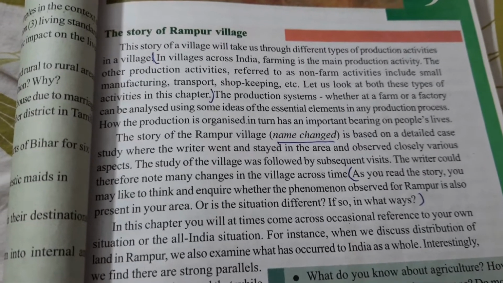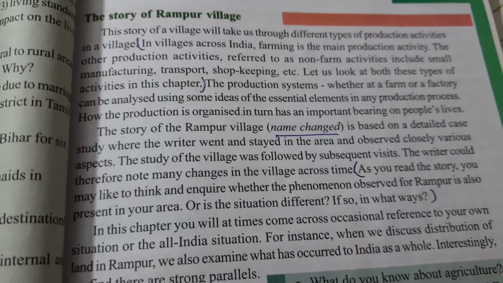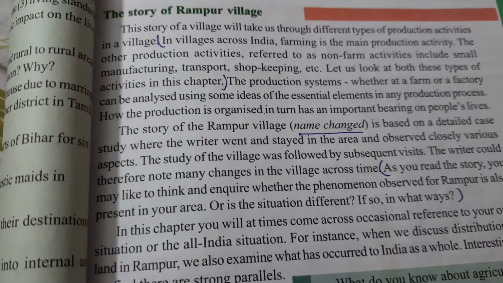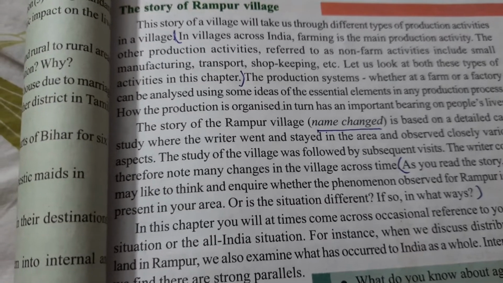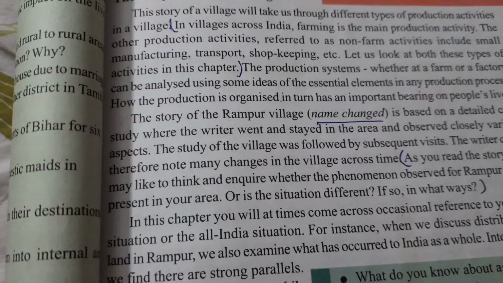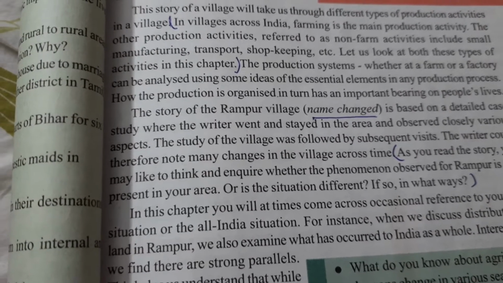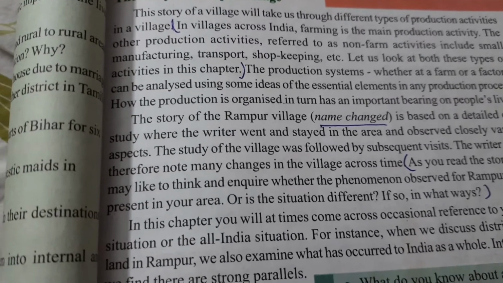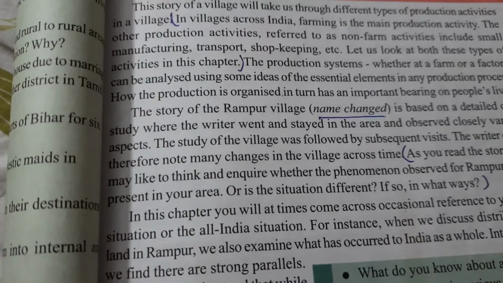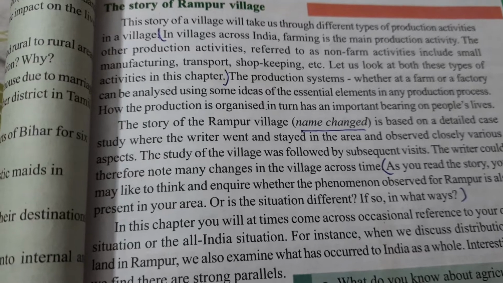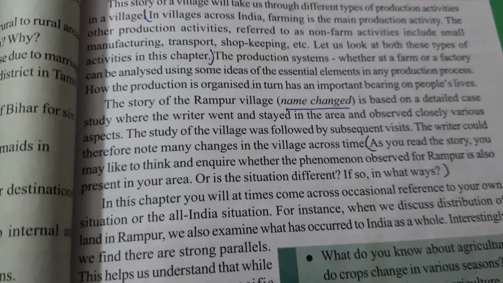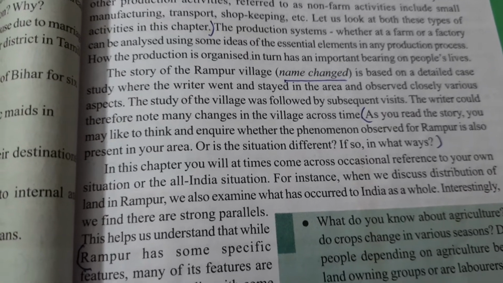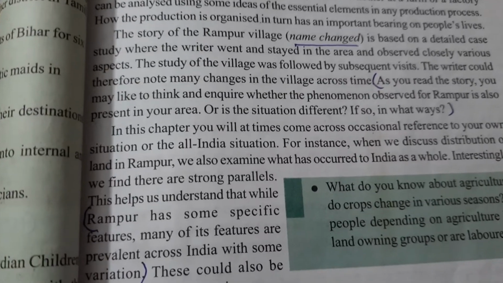Some people also do non-farming activities like manufacturing, transport, shopkeeping. We will find that there are a lot of similarities between Rampur and other villages of India, and there are some differences also.